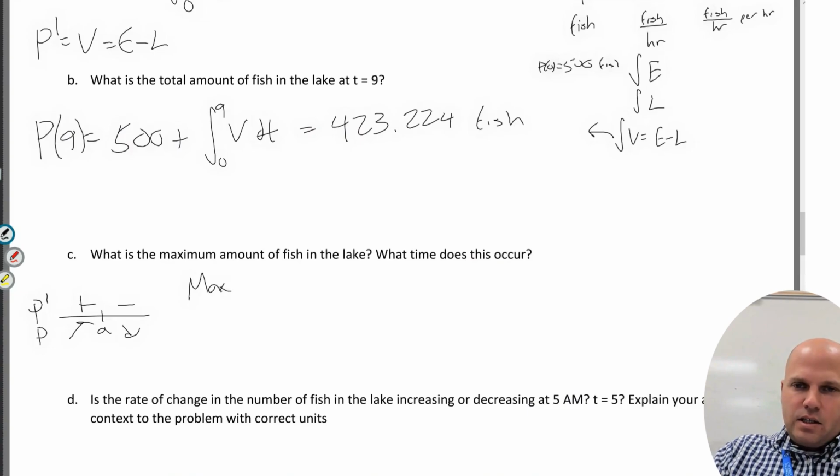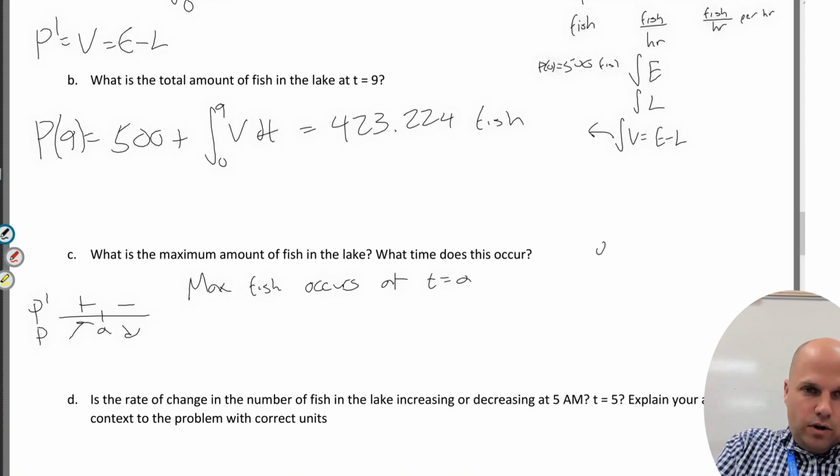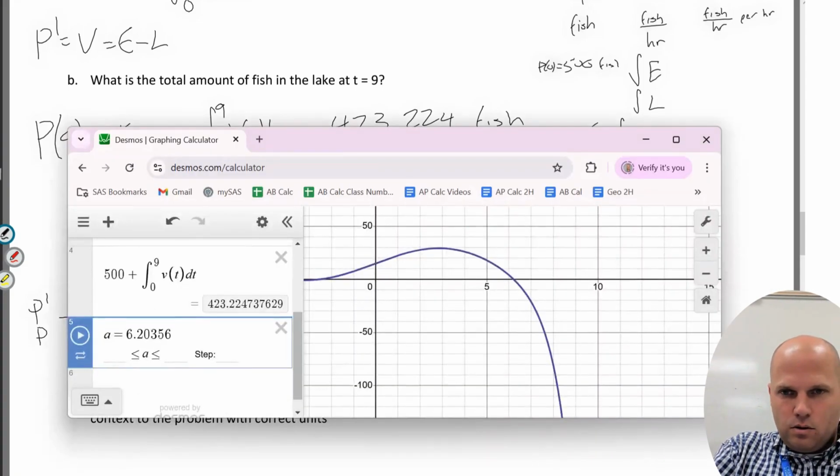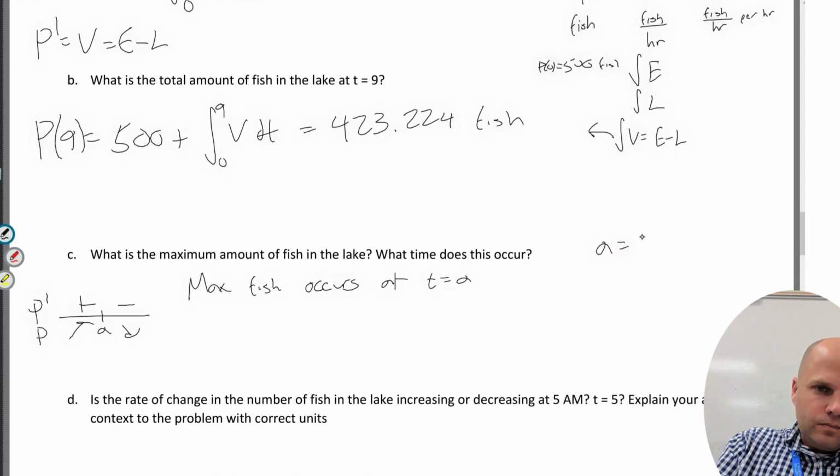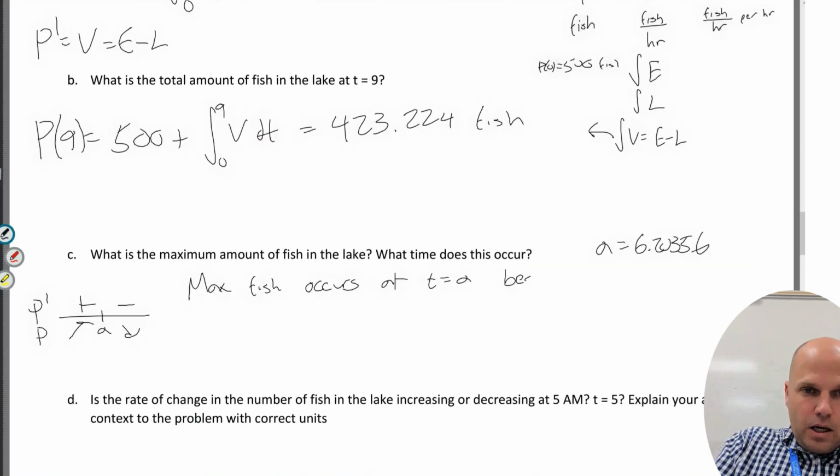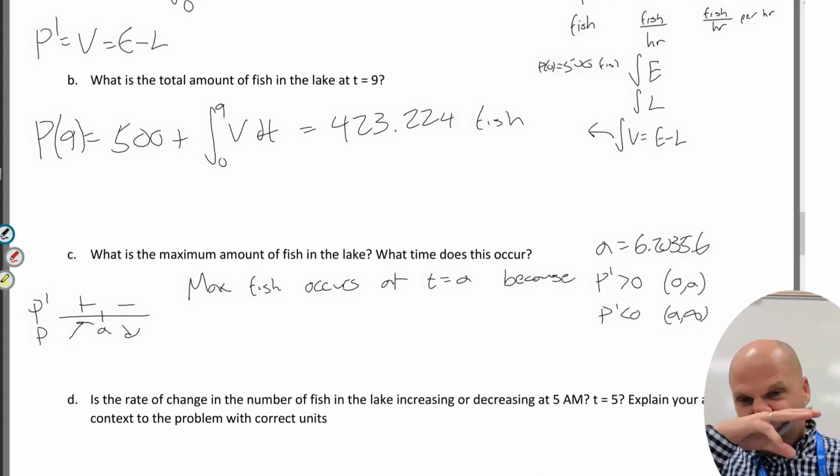So the max fish occurs definitely at t equals A. Should write down what A is equal to: 6.20356. Because P prime, or V, is positive from 0 to A, and then P prime is negative from A on.